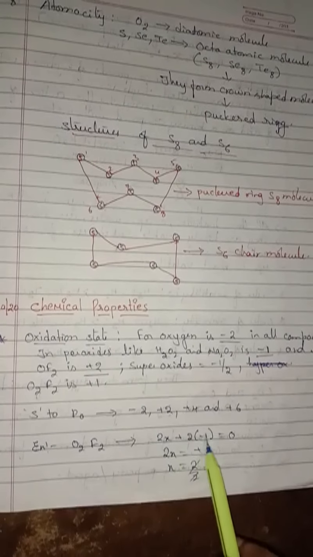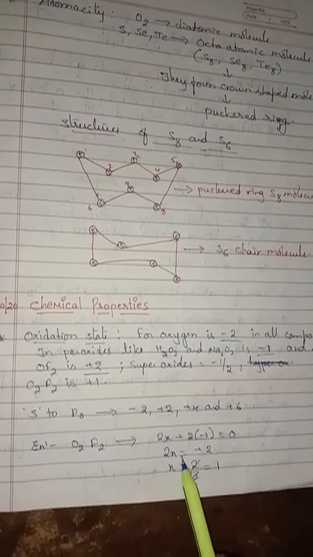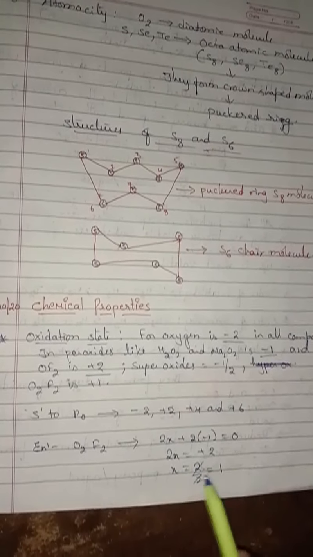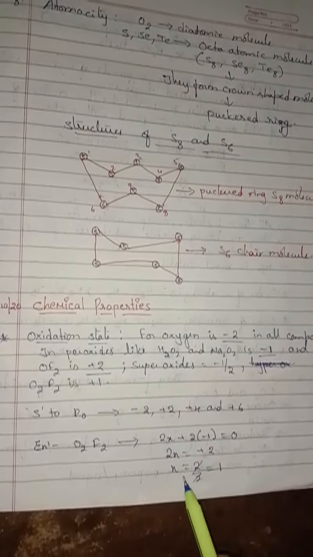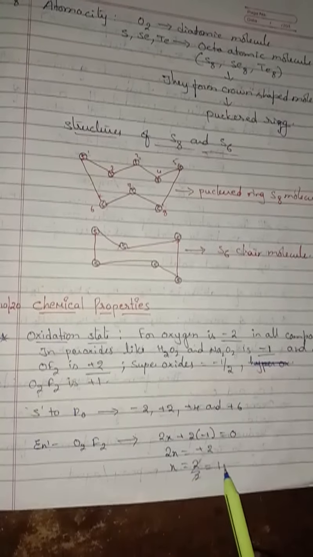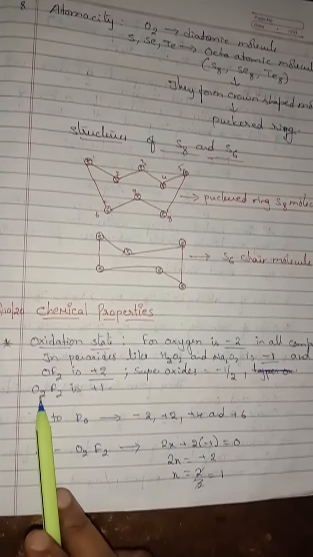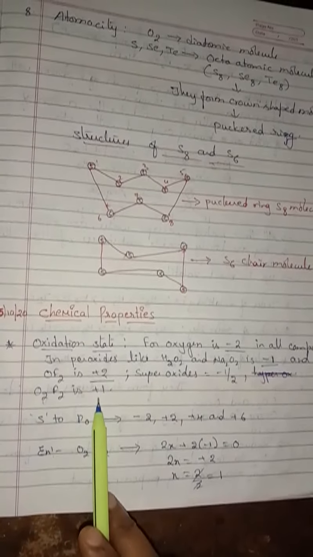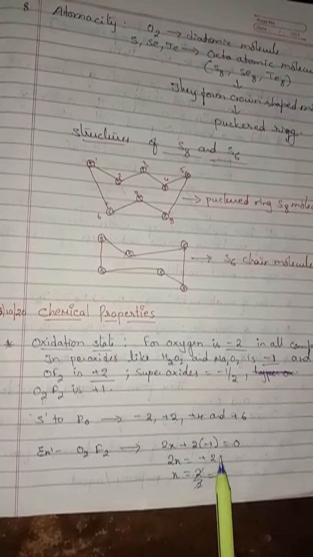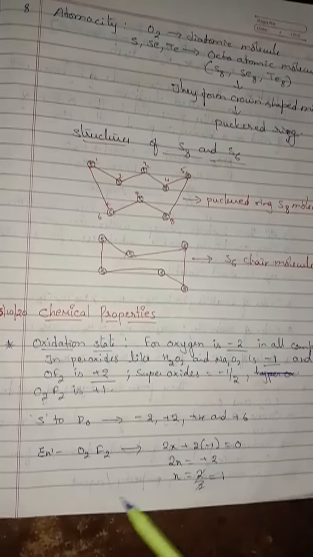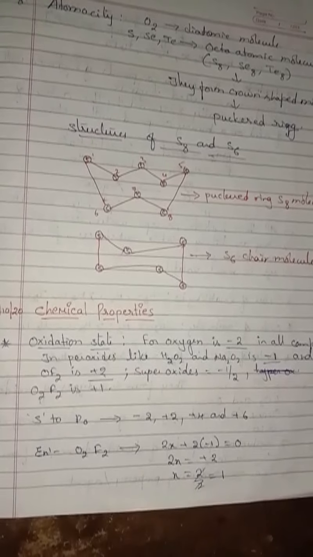What is the valency of fluorine? -1. So 2X plus 2 into -1 equals 0, and 2X equals +2, so X equals 2/2, that equals 1. Did you understand now how we got the +1 oxidation state? This is the way to find the oxidation state of any other substance.